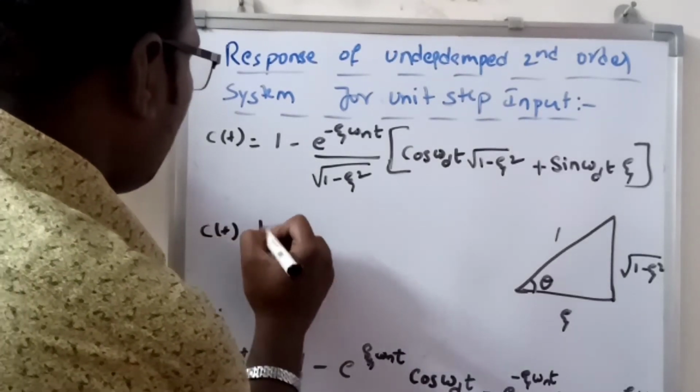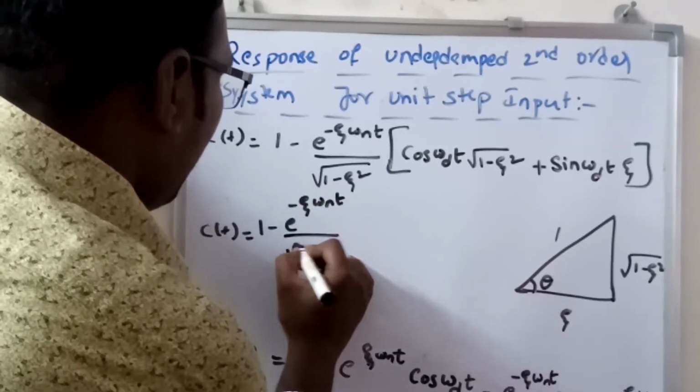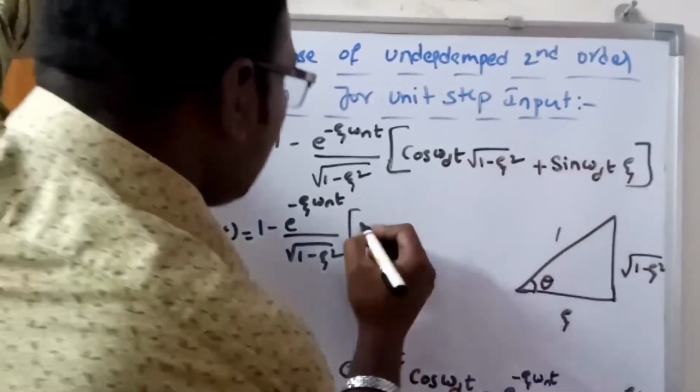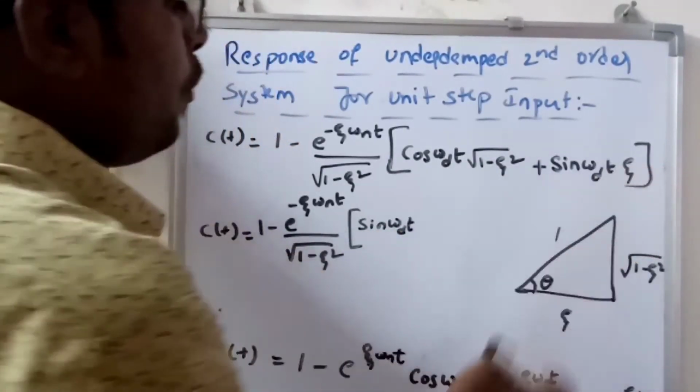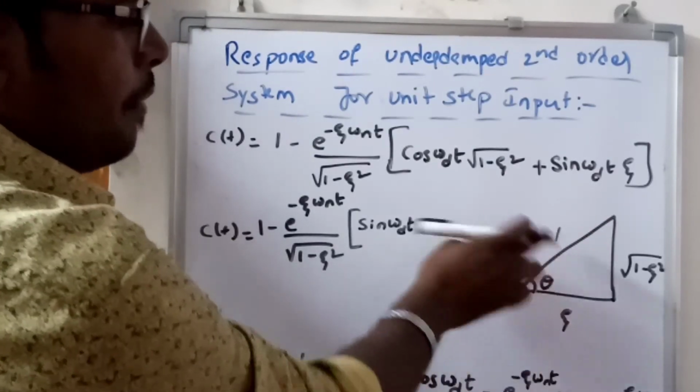c of t is equal to 1 minus e power minus zeta omega n t by square root of 1 minus zeta square into sin omega d t. What happened here? For finding the value of zeta, it becomes cos theta, adjacent side by hypotenuse.